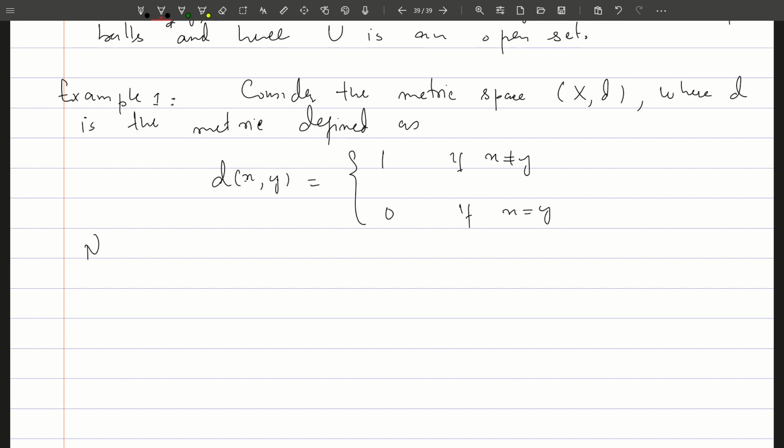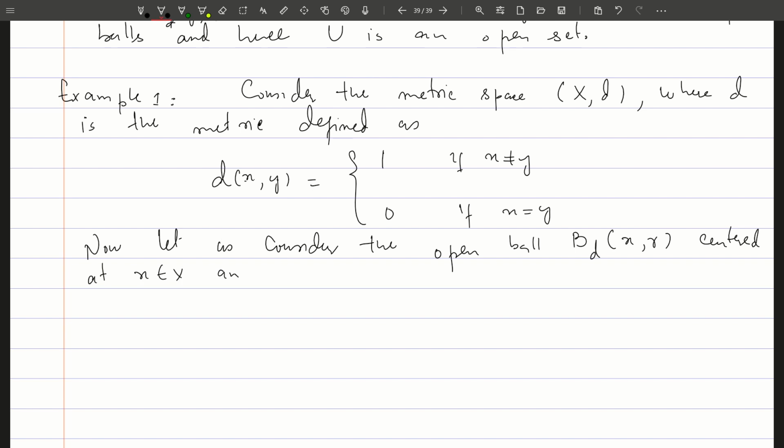Now let us consider the open ball B_d(x, r), I mean the ball centered at x in X and radius r positive.